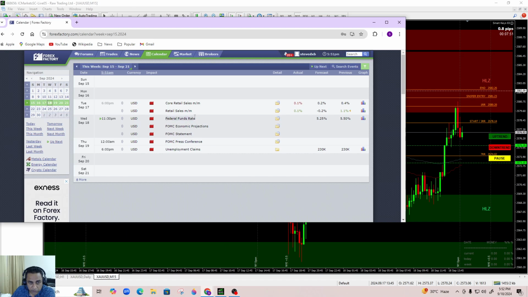First, the interest rate decision will move price. They're expecting to cut rates. They've been talking about this for the last 6 months, since the end of the first quarter, about cutting rates closer towards the third quarter.